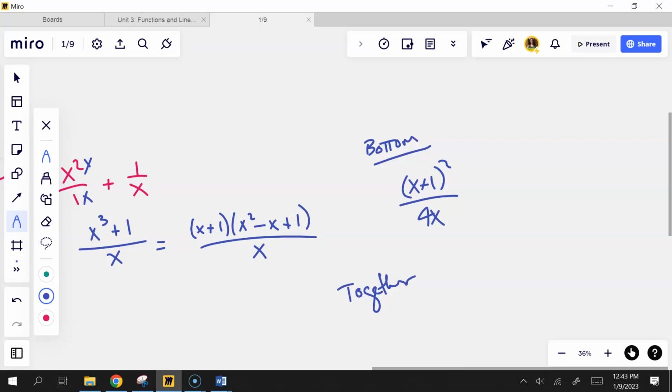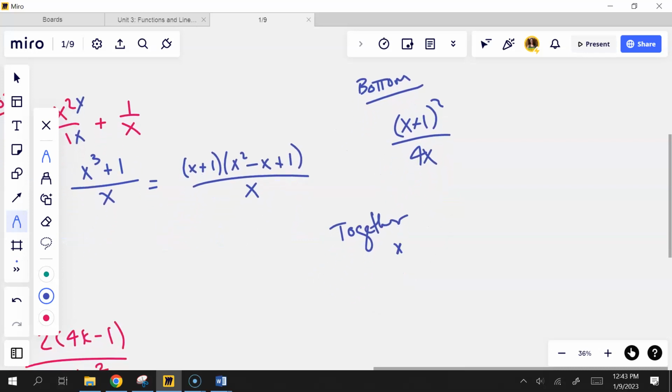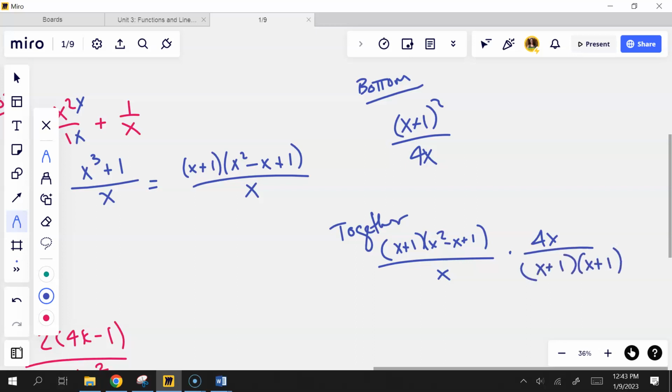Okay. All right, let's put them together. I see you put down top. Flip the bottom. Now, if you wrote it this way, that's fine too. Might be a little easier to see that way.